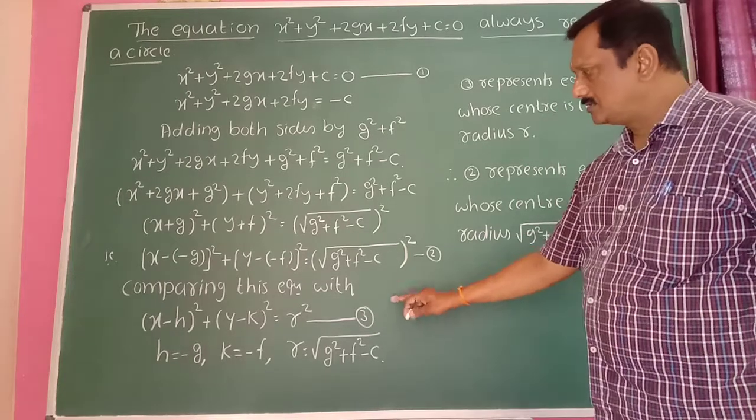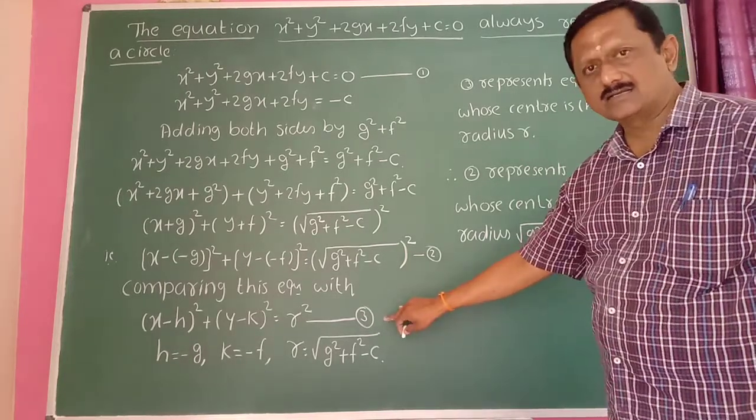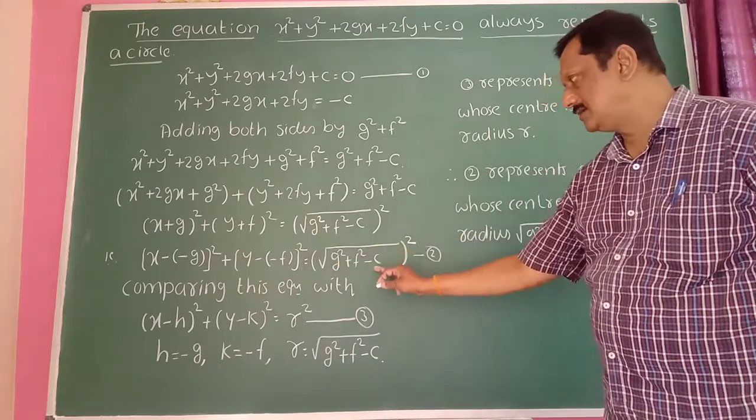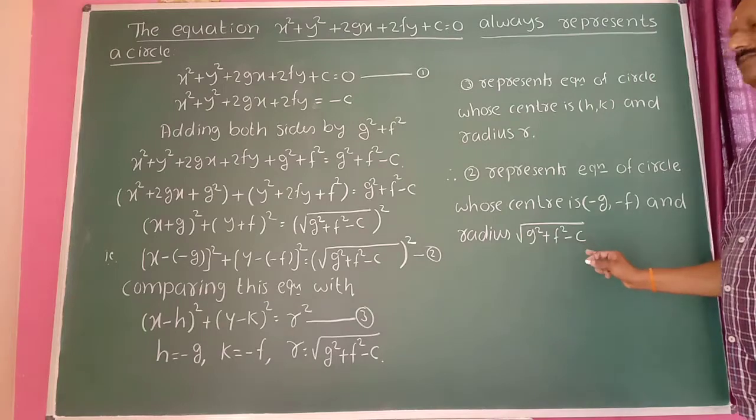Because both are the same equation: if this is a circle, then this is also a circle whose center is (-g, -f) and radius is root of g square plus f square minus c.